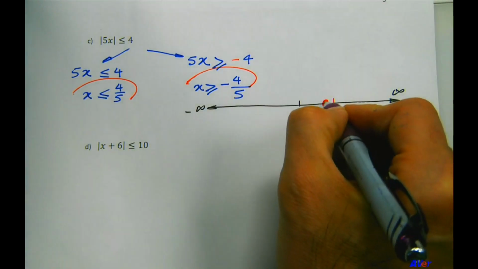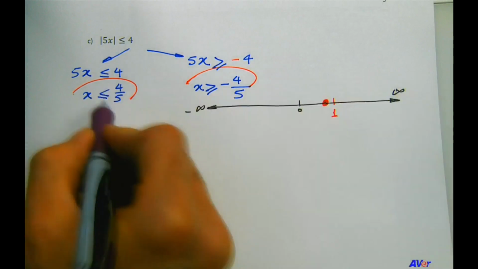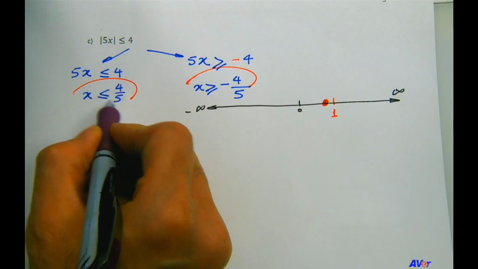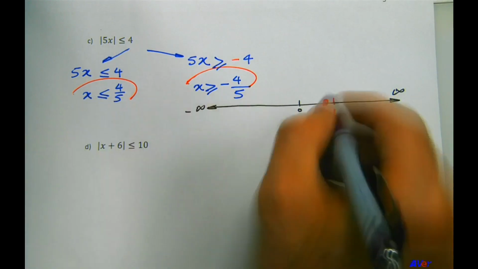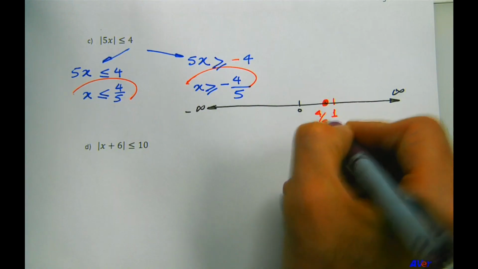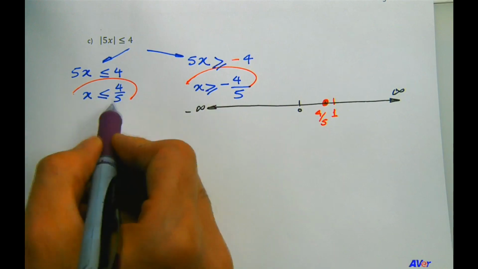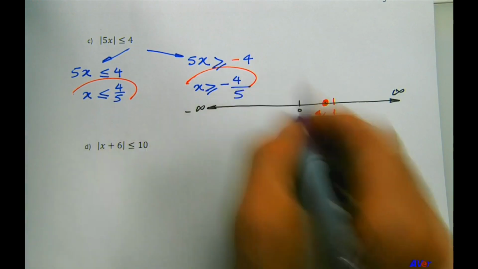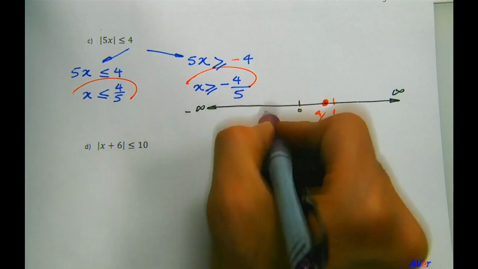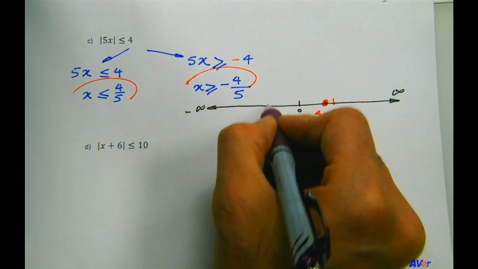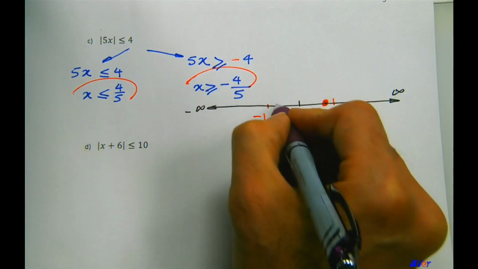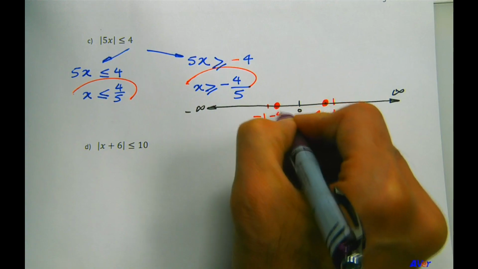And I'm going to put a filled in circle because this 4/5 can be part of the solution. Let me plot this, and then I'll go over that too. If this is -1, -4/5 would be somewhere here, -4 over 5.